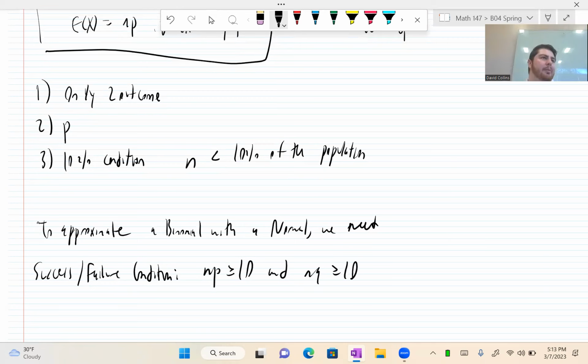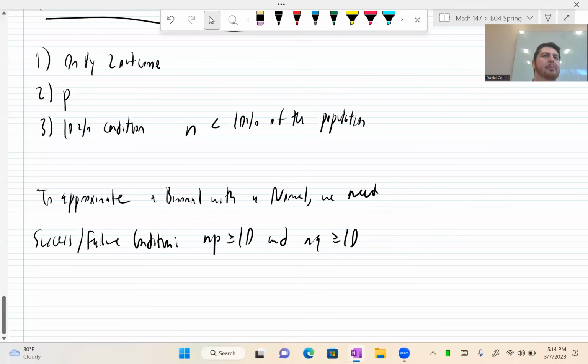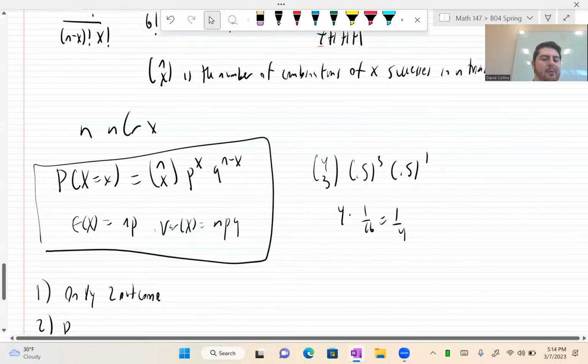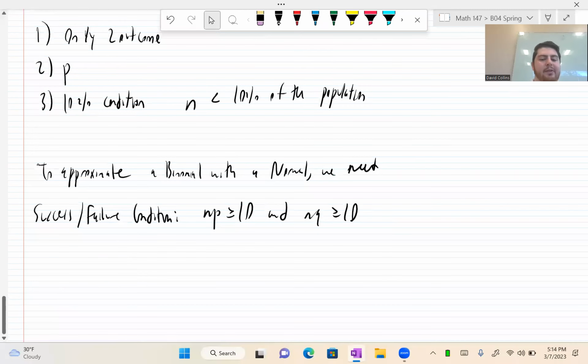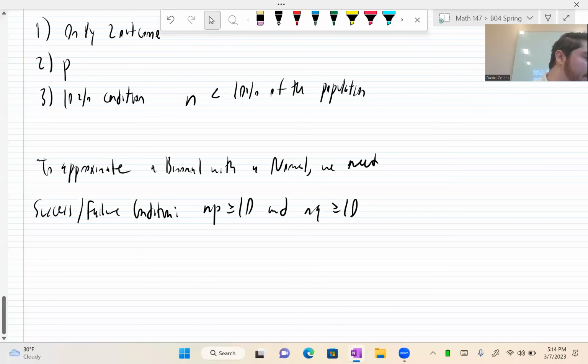We talked about the law of large numbers last week. This is kind of the law of large numbers. We need a big enough sample size so that we get a unimodal and symmetric histogram, so it looks normal. And this would use the mean and standard deviation of the binomial distribution, which we can calculate from these equations. Just square root the variance. This is an easy point or 2 on your test.